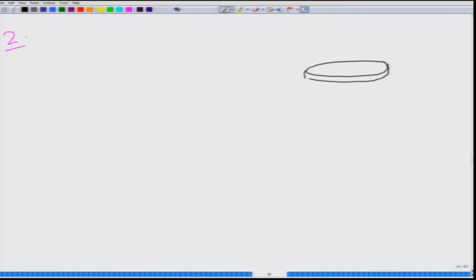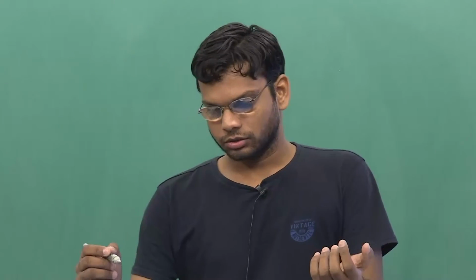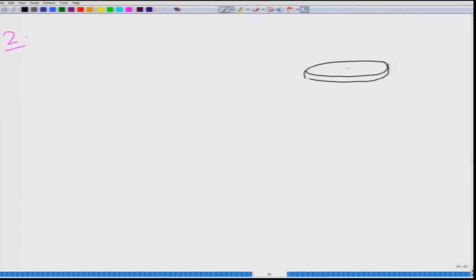Now, to calculate moment of inertia we have to again define about what axis. So, let us take an axis which is passing through the center of mass of this disk and is perpendicular to its plane. So, about this axis.